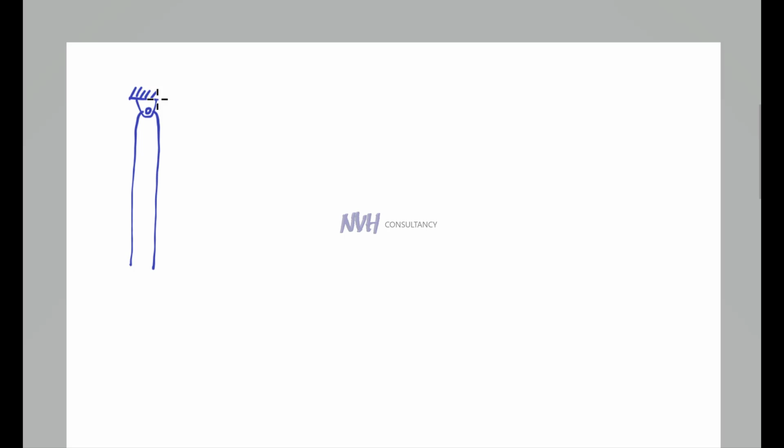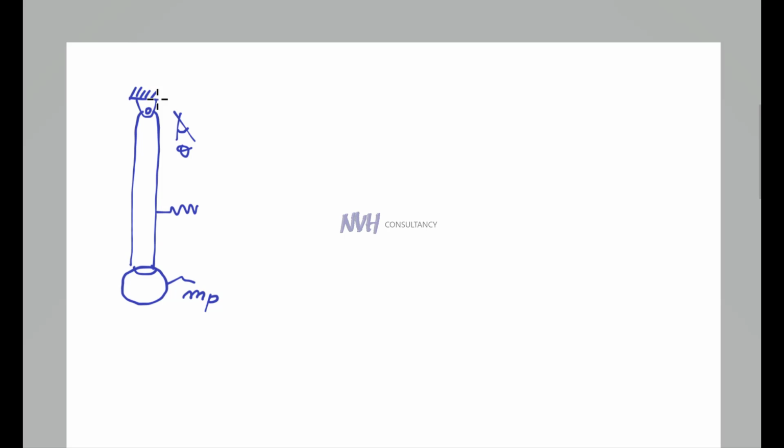This is a slender rod, and there is a block of mass M. This is a block of mass MP at its very end, and the angle that this makes is about theta.